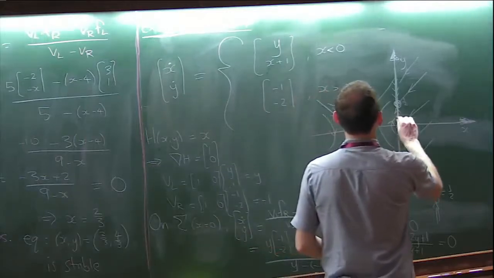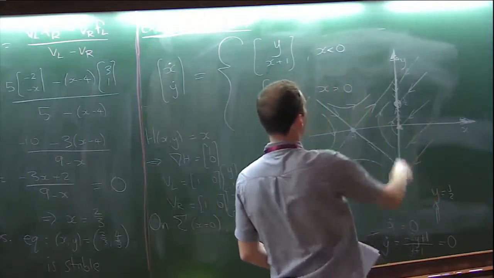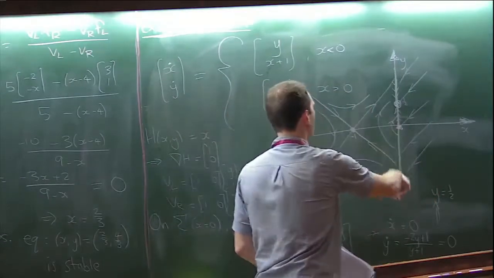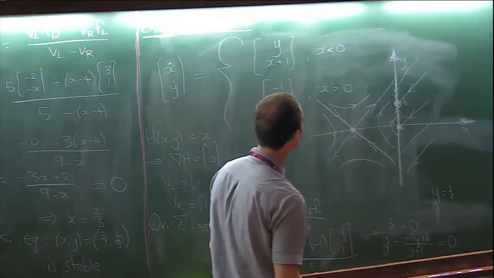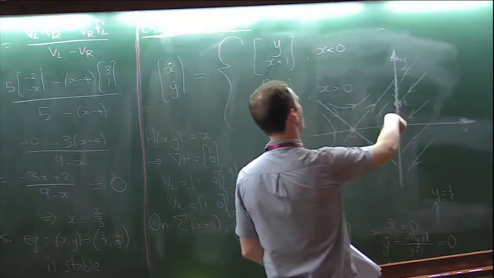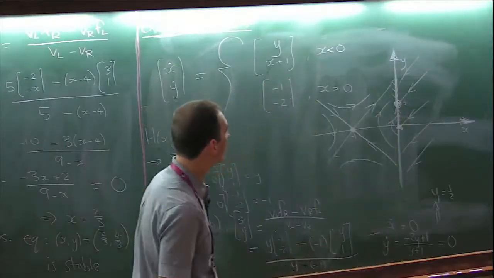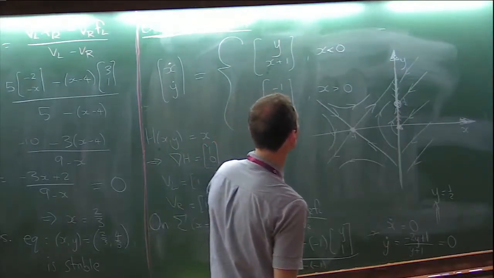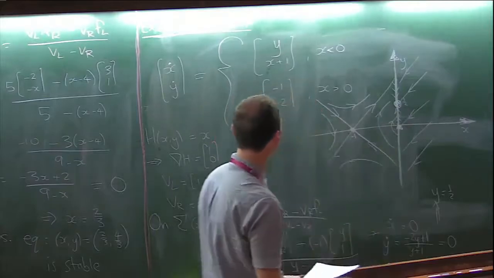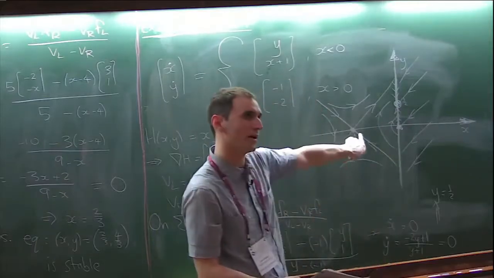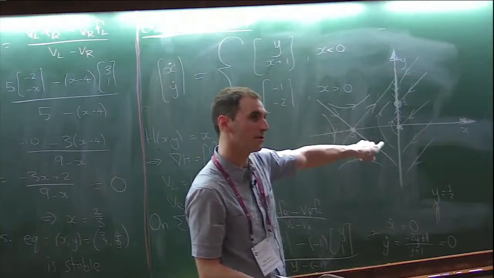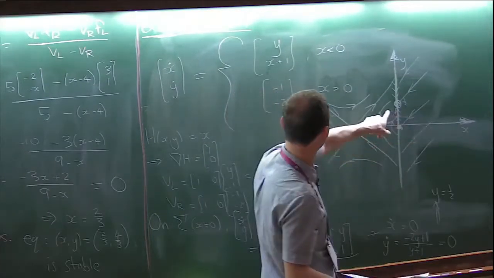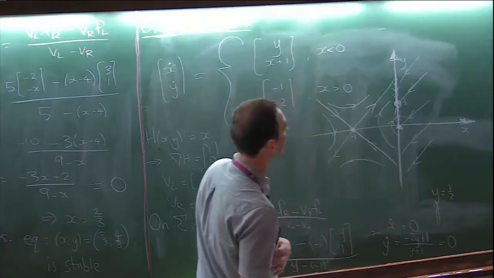Attracting sliding region is above the fold at 0. For y negative, it's a crossing region. So my pseudo equilibrium lies on the sliding region, so therefore it's admissible. And it's stable. Okay, so I've got one regular equilibrium, it's admissible, and it's a saddle. And I've got one pseudo equilibrium, it's admissible, and it's stable.